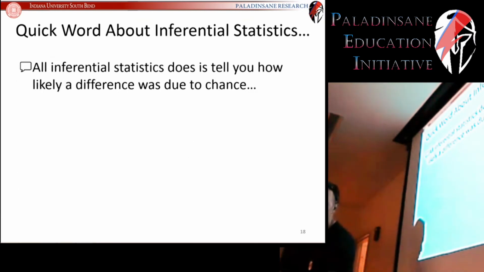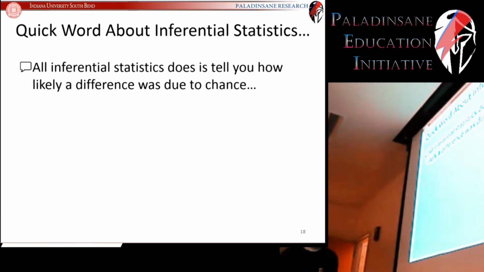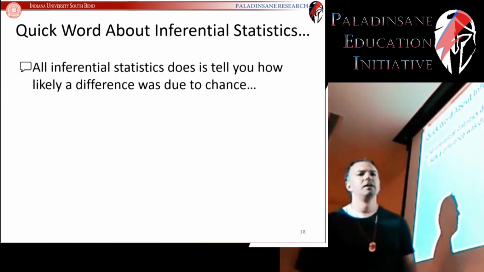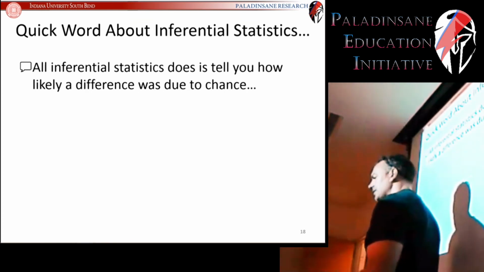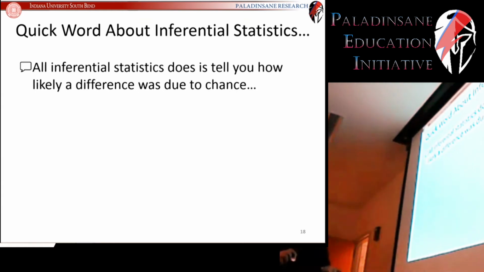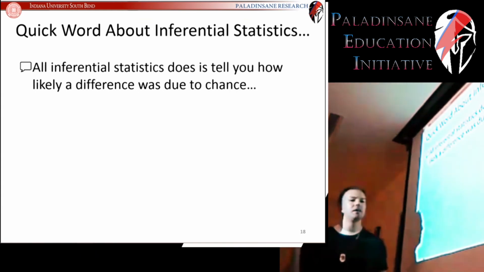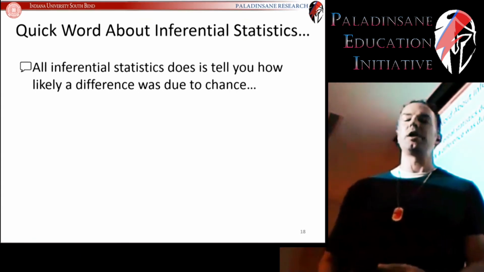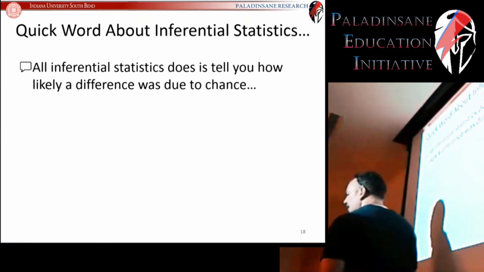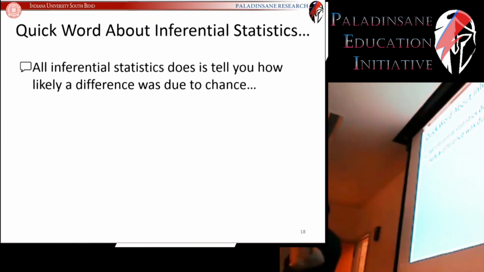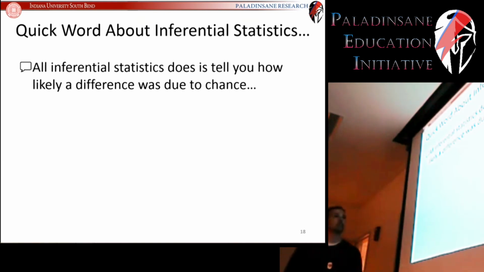Okay, so we're going to take a look at our data one more time, with a little bit more detail this time around. Before we do that, just once again, a quick reminder about what inferential statistics is doing and the importance of inferential statistics as well.